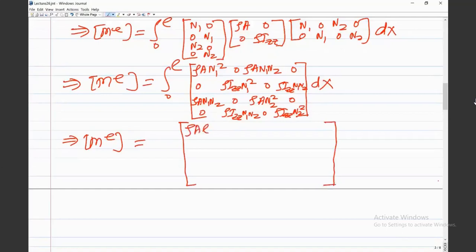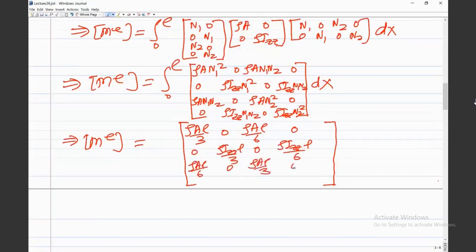So the integral of rho A N1 square would be rho AL by 3, 0, then rho AL by 6, 0, and then we have 0, rho Izz L by 3, 0, rho Izz L by 6, then we have rho AL by 6, 0, rho AL by 3, 0, and then 0, rho Izz L by 6, 0, rho into Izz L by 3. So this is what you get as a mass matrix. So this is obviously the consistent mass matrix.